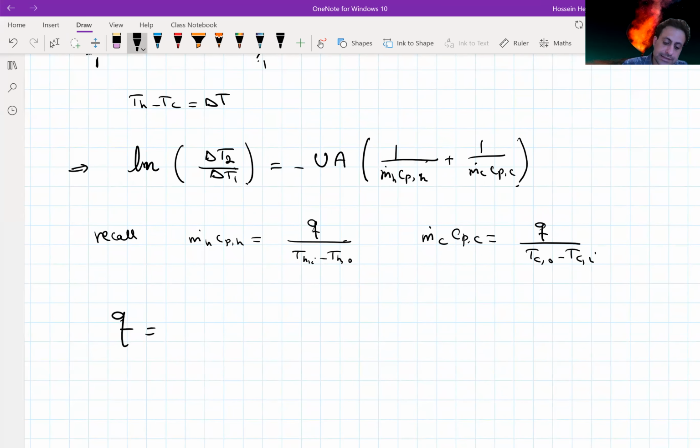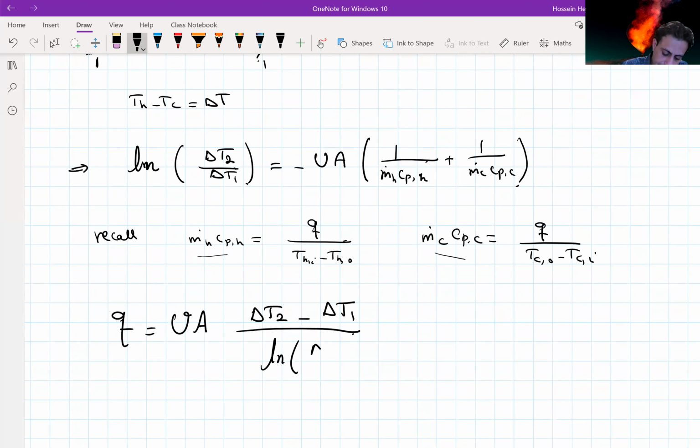If I replace them in the above for these two terms and rearrange the equation, q is going to be UA (delta T2 minus delta T1) divided by the natural log of delta T2 divided by delta T1, which is UA delta T lm.